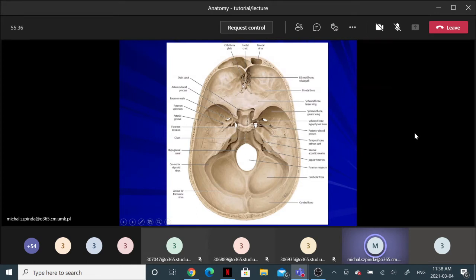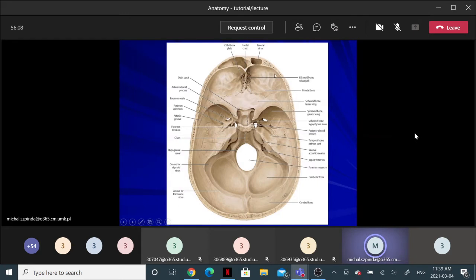So which interconnections refer to the anterior cranial fossa? Interconnections with the nasal cavity and with the orbits. This is because just below the anterior cranial fossa, we have on both sides the orbits, and in the middle, the nasal cavity.